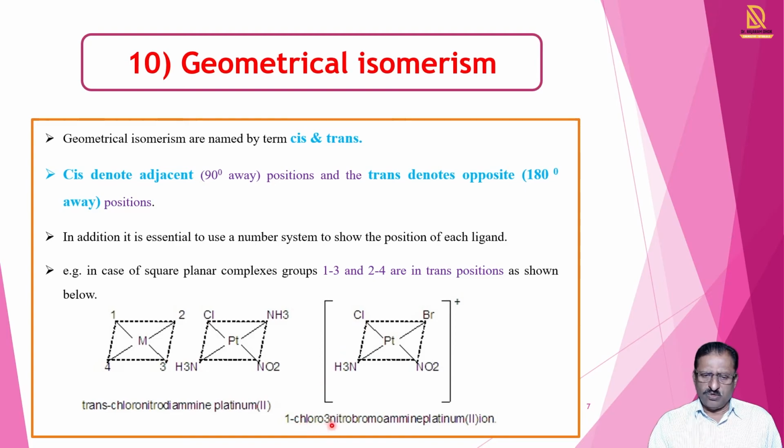So 1 chloro, 3 nitro, bromo, amine, platinum, 2 ion. Because the complex has a plus charge, we write ion. In this way we can use the geometrical isomerism names when there is the cis and trans concept or there is numbering.